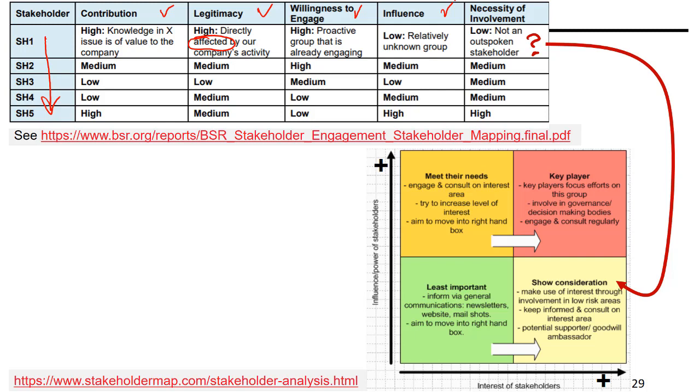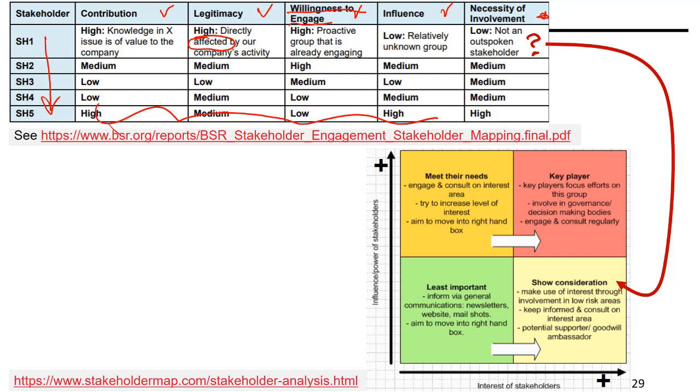And most importantly, at the end, we need to decide, based on the information in the first four columns, how we want to engage. Just because they're willing to engage doesn't mean that we really want to fully engage them. Sometimes people may not have a lot of influence over us.